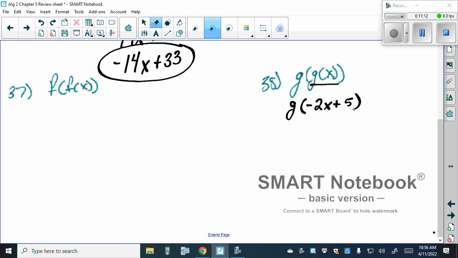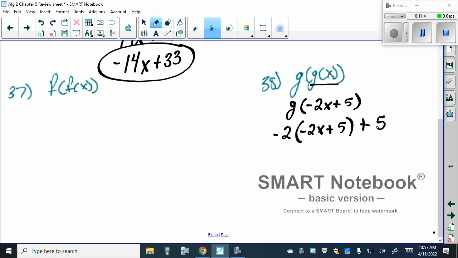Now, just like with the previous one, because on the previous one we plugged in the negative 2x plus 5 into f of x. But this time we're plugging the negative 2x plus 5 into g of x. So that would give us negative 2 times our negative 2x plus 5 plus 5. We replace the x in g of x with our negative 2x plus 5.